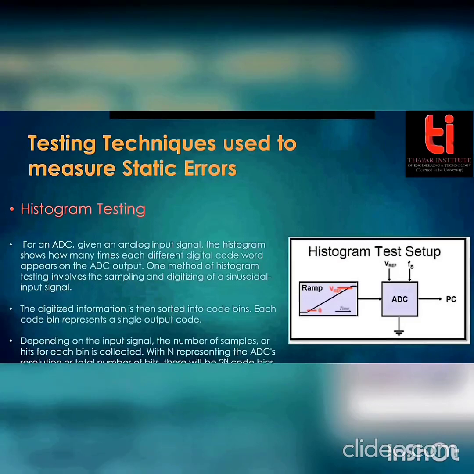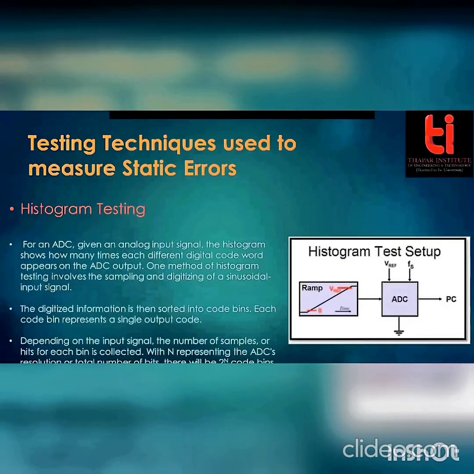In histogram testing, we have taken a 6-bit ADC and given an analog input signal. The histogram shows how many times each different digital code word appears on the ADC output. The digitized information is then sorted into code bins. Each code bin represents a single output code.